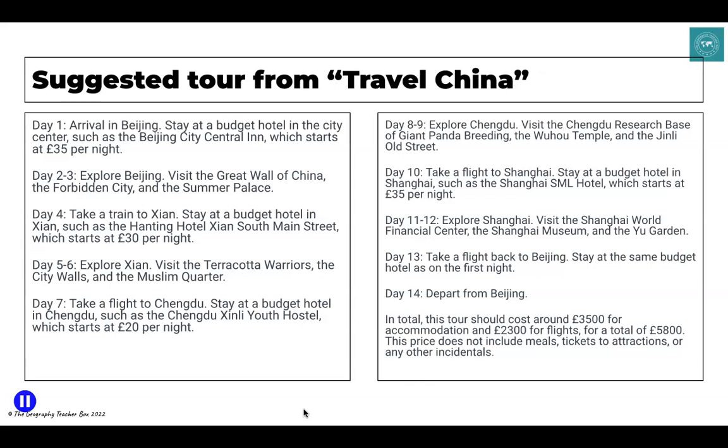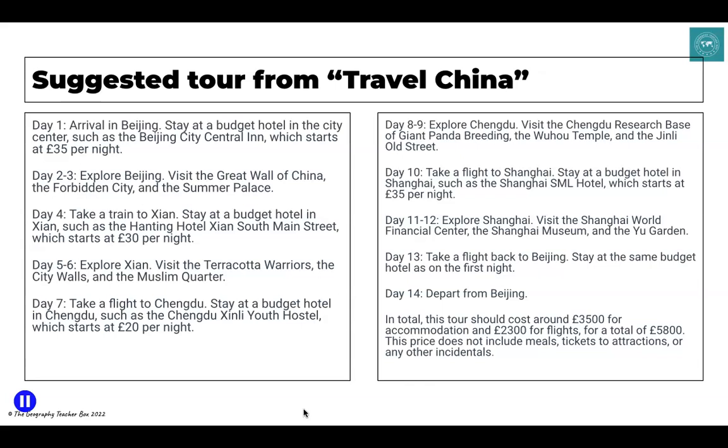But, and this is the problem, it says in total this tour should cost around £3,500 for the accommodation. Notice quite a lot of the time they're saying stay at the budget hotel and giving an example of one to go to. But that's still going to cost £3,500 to stay in those budget hotels for the 2 weeks. They've then got flights.